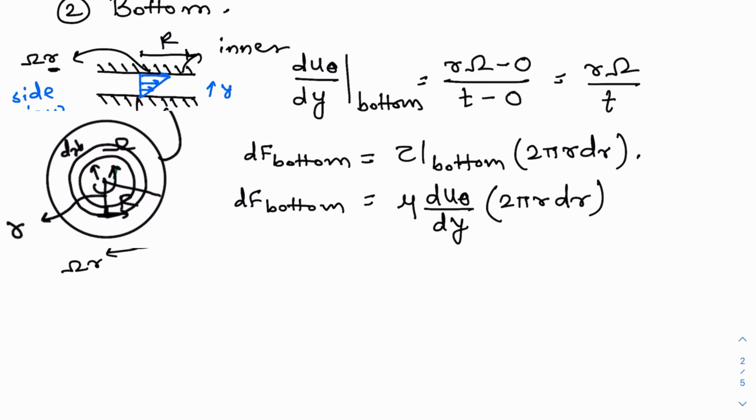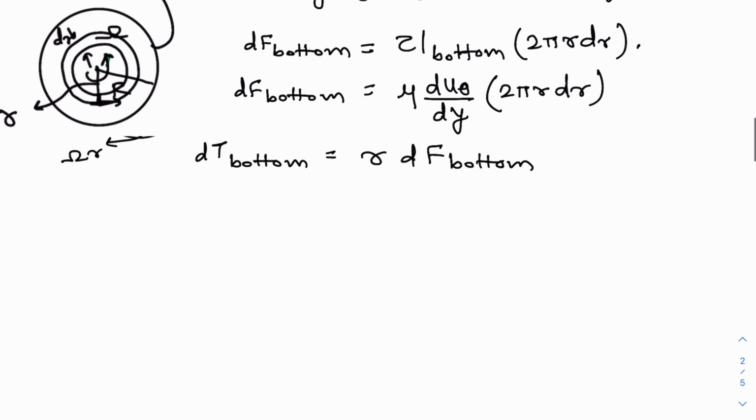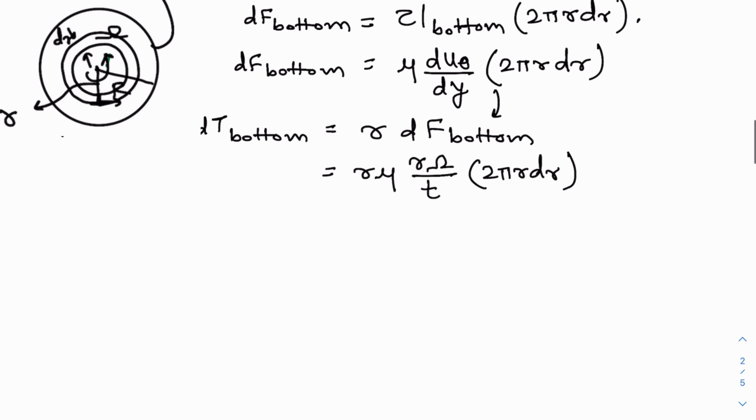So the torque acting on this small element will be simply r times the force, and if you substitute this here, you'll get this to be equal to r mu times r omega by t multiplied by 2 pi r dr. So to find the total torque acting on the bottom surface, we just need to integrate on both sides.